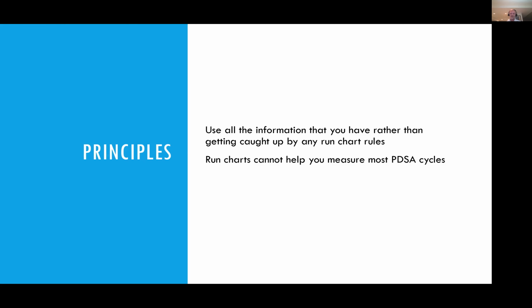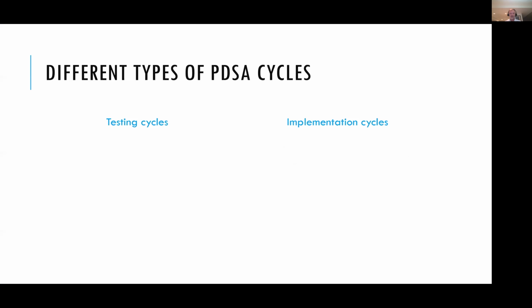Principle 2 is a bit related to this, and it's what you're talking about, Yangchen: with small PDSAs, run charts are not the way to measure this. We sometimes make it a bit confusing because PDSA means lots of things, unfortunately.